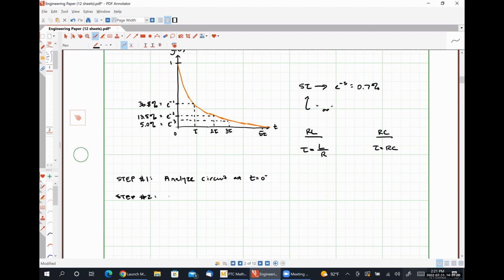Step number two was to analyze our circuit at t equal to 0 plus.